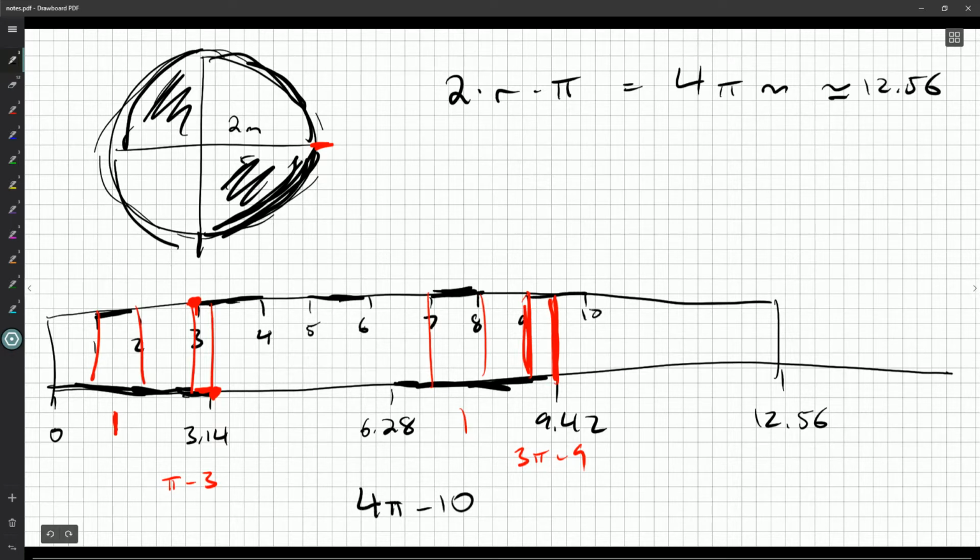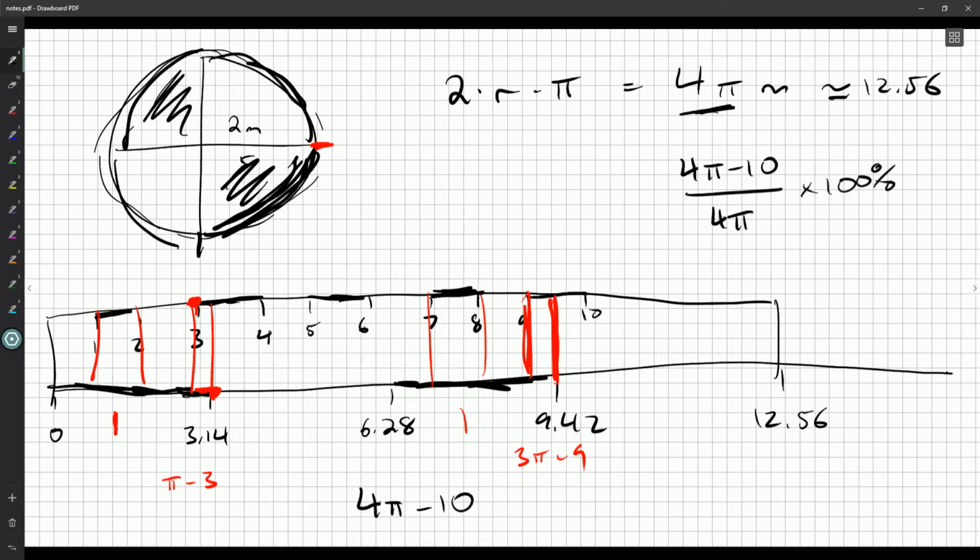Okay, and what do we want to do? We want to figure out the percent. So 4 pi minus 10 over the total length 4 pi that we go, and multiply that by 100%. So just grab your calculator. 4 times pi, again 12.56, minus 10, so that's about 2.56, divided by about 12.56.